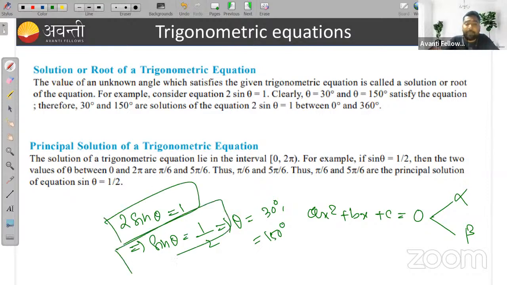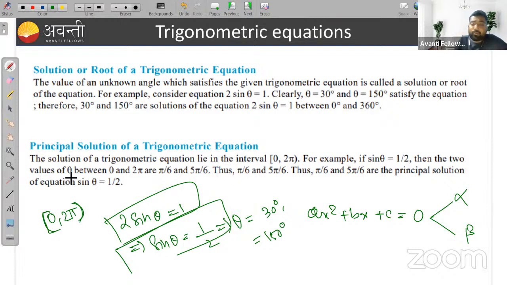So what is the principal solution? When the solutions lie in the interval 0 to 2 pi, where 0 is included and 2 pi is excluded, then we can say those are my principal solutions. Like here you have the equation sin theta is equal to 1 by 2.